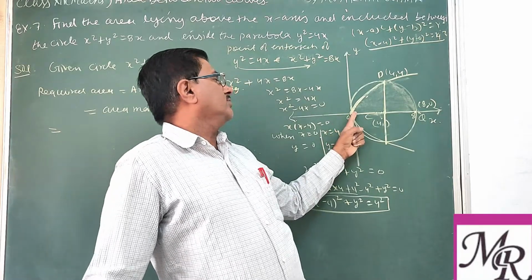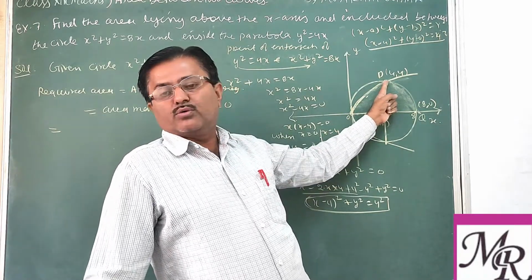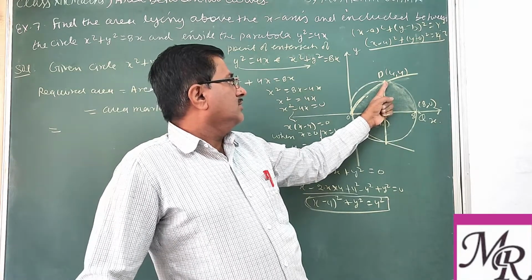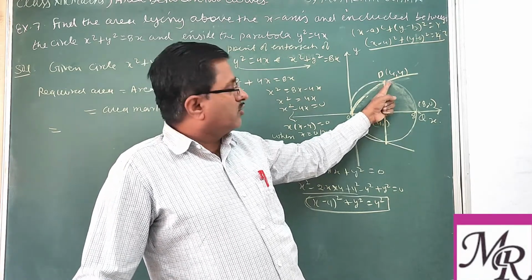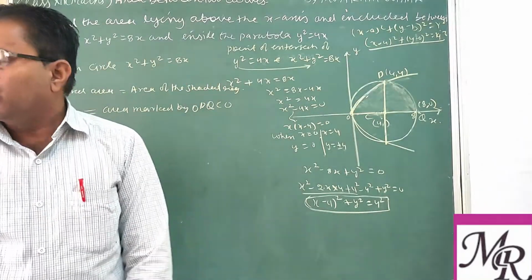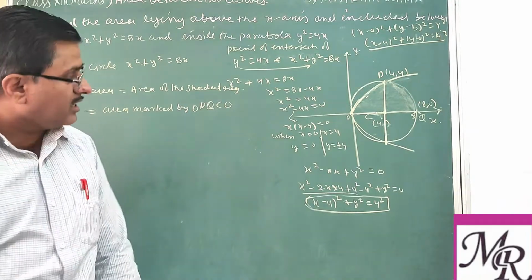So taking limit from 0 to 4 with the parabolic curve and the circle from 4 to 8. So this is very important, to take the correct limit.